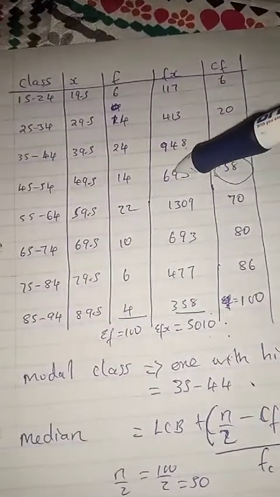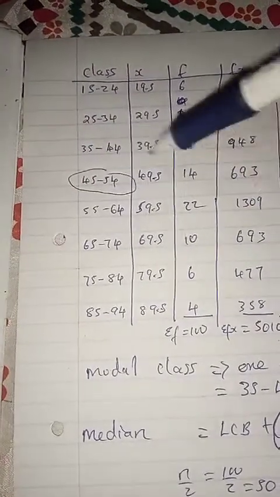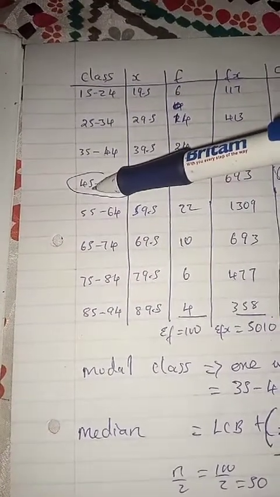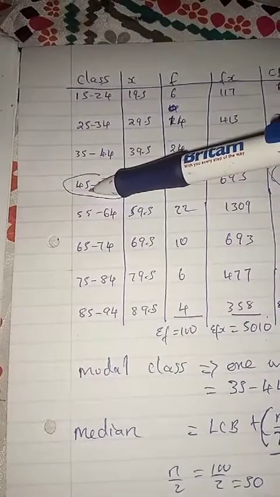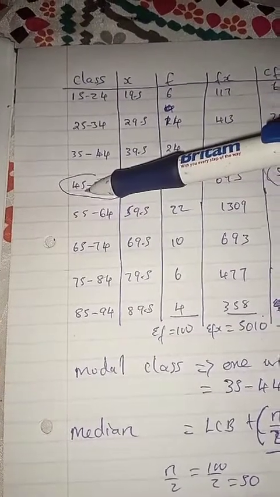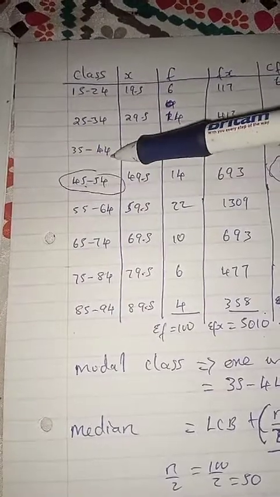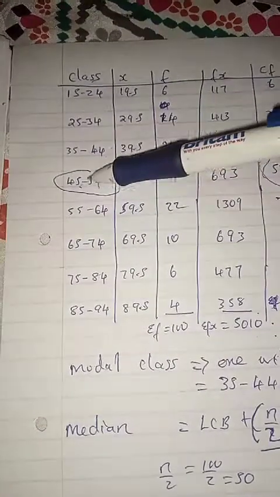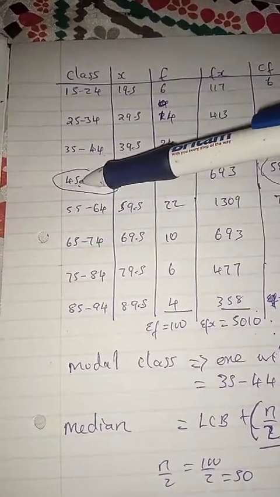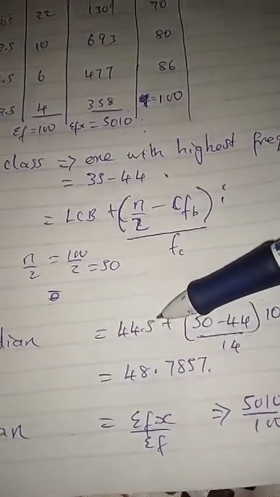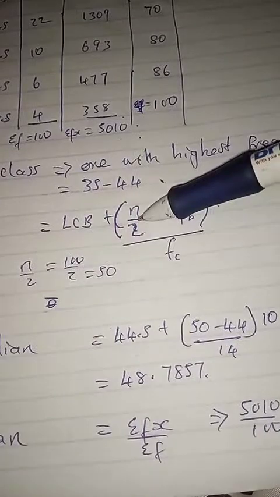So you come with this row to this class here, so that you find that 50 is lying between here, and taking the lower value to be 45, the lower class boundary becomes 45 minus 0.5, or in other words 45 plus 44 divided by 2, which gives us 44.5.